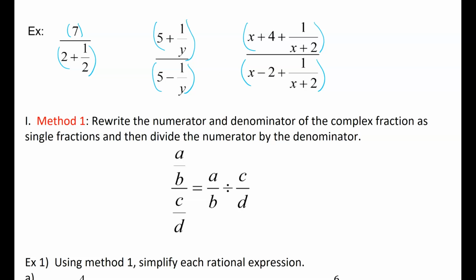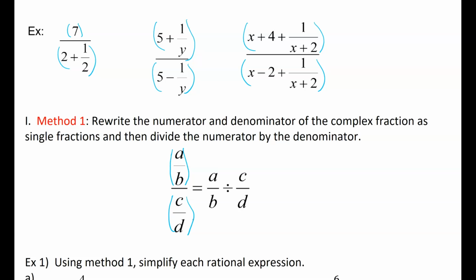So just a very basic example of this one. We have a over b all divided by c over d. And again, we can tell it's a over b because we have the heavier fraction bar here. So we know that a over b goes together, all divided by c over d. Okay?